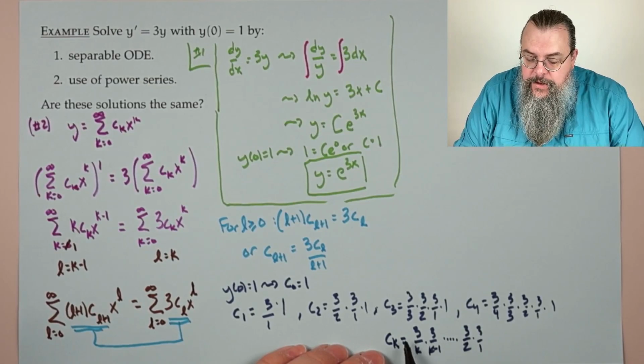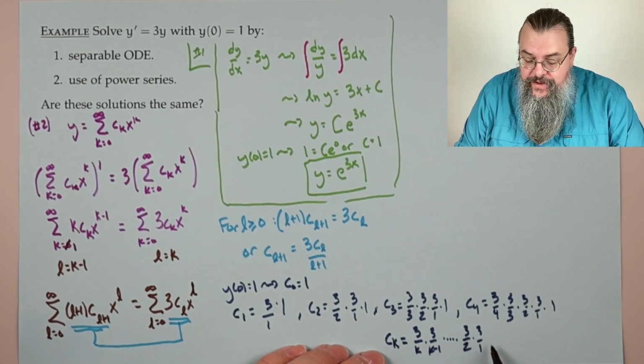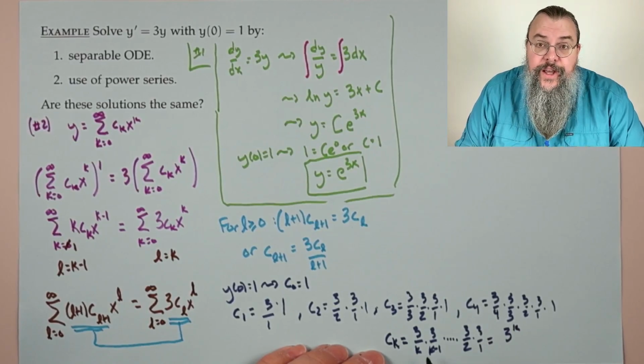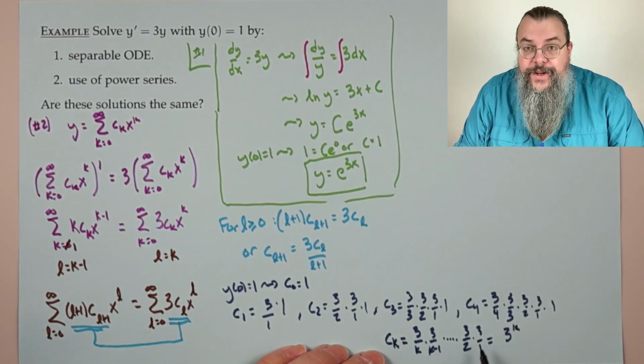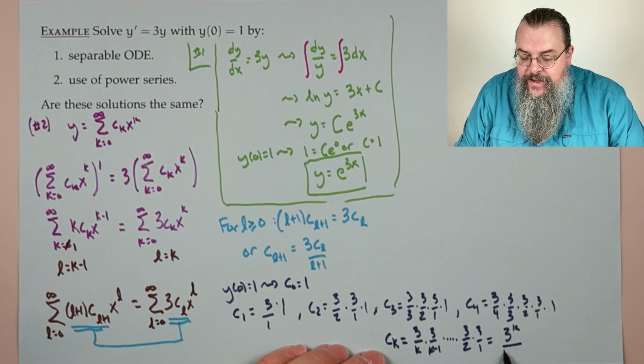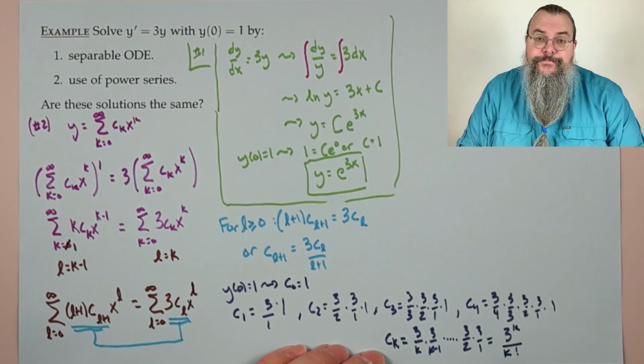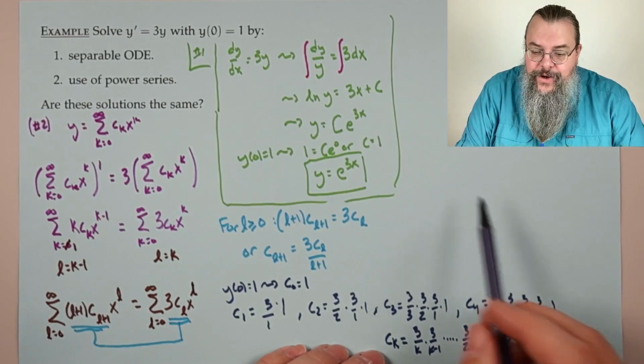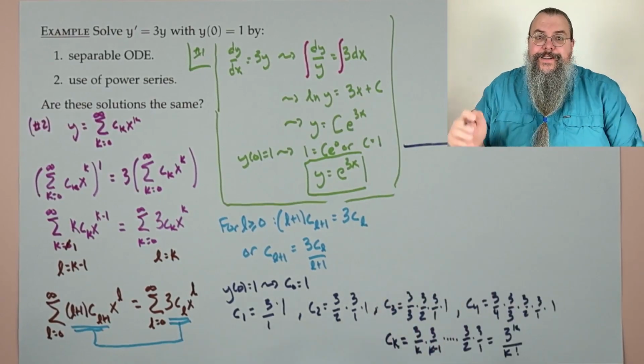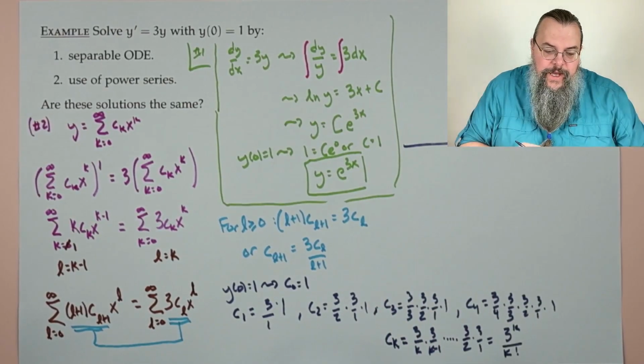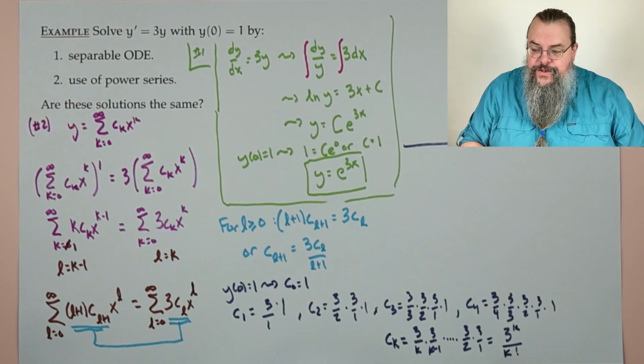What do we have? Well, upstairs there's a bunch of 3's. So we say that's 3 to the K. Downstairs, K times K minus 1 down to 2 times 1. That's K factorial. All right, so our great aha. Here we go. We have our series solution.